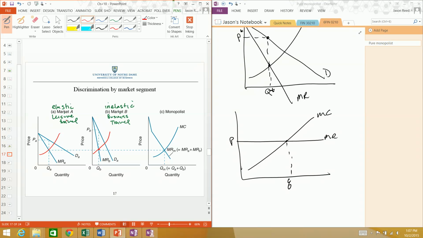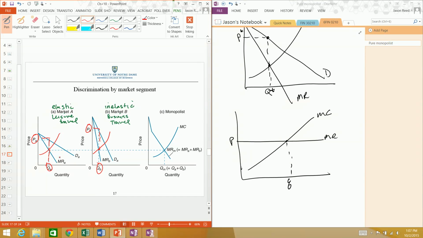Because the cost to fly a leisure traveler versus a business traveler is identical, there's no change in marginal cost. But because of the elasticity differences, we're able to price differently as well. So we find where the price is in this market for the business travelers, what the quantity would be, and again, where the price would be for the leisure travelers and the quantity for the leisure travelers as well.